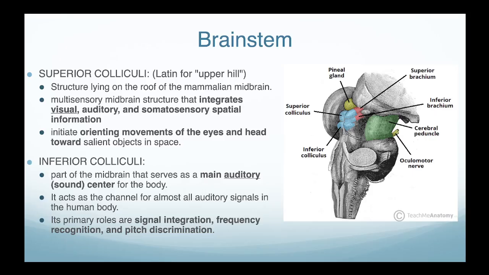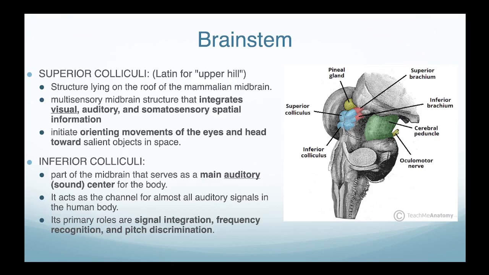Okay, moving forward. Let's talk about the brainstem. At the very top of the brainstem, you have the superior colliculi, which is primarily going to be integrating visual information, also auditory and some other somatosensory spatial information, but mostly visual.